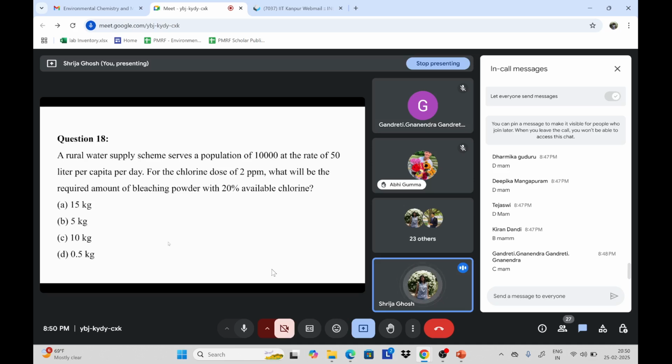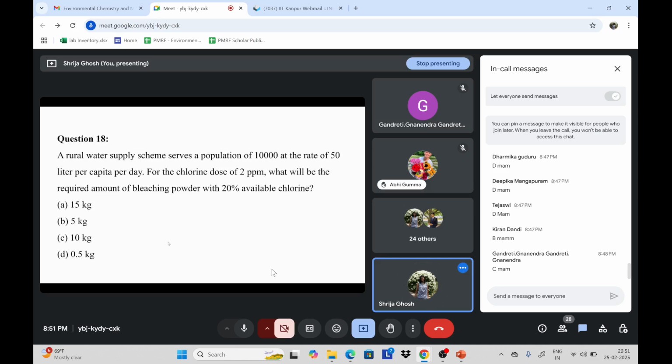So first you have to find the amount of chlorine required, and then we'll find the amount of bleaching powder required.